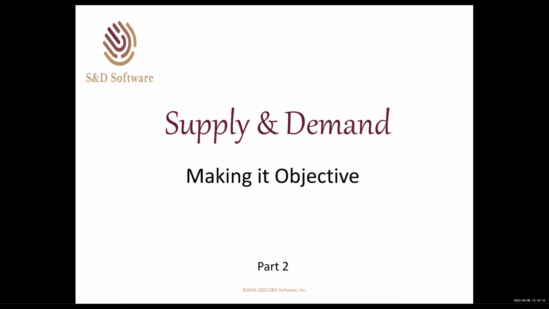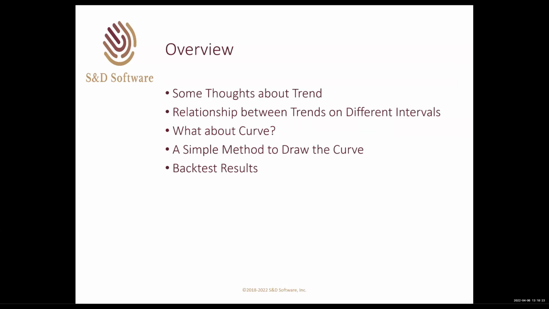So let's get things started here. There we go. So we're going to start talking about trend. I'm going to start out with some definitions of it, and we're going to build on those.